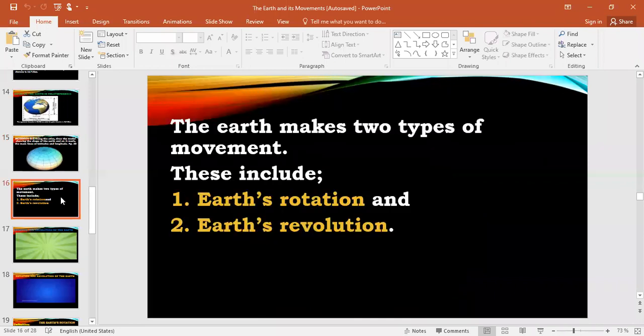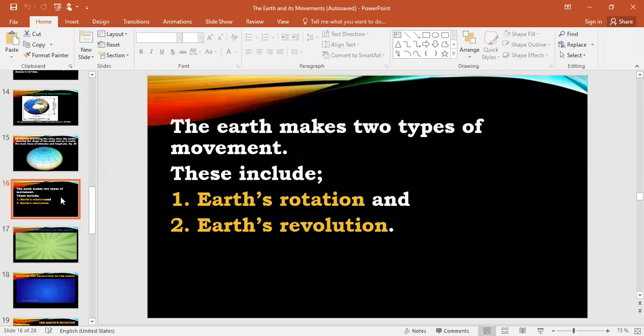Now, if you look at your textbook, it says that the Earth makes two types of movements. This includes the Earth's rotation and the Earth's revolution. Please, can you have that in your books? The Earth's rotation is one movement.